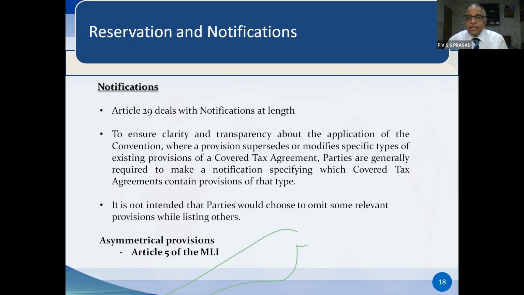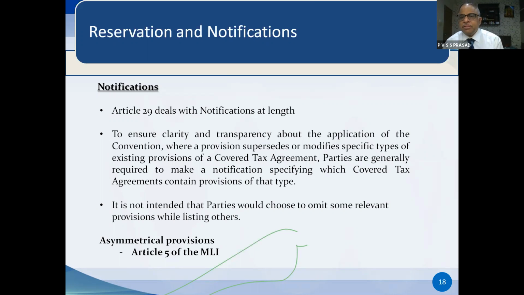There is also another mechanism to avoid double taxation, called the exemption method, which is the most ideal method, but now rarely used. What is the exemption method? If at all your branch of the Indian company in USA is taxed, the branch profits are never considered for the purpose of taxation in India. That is called exemption method.